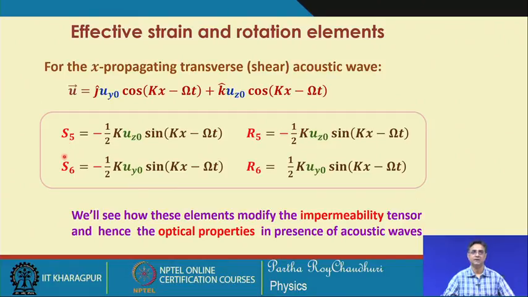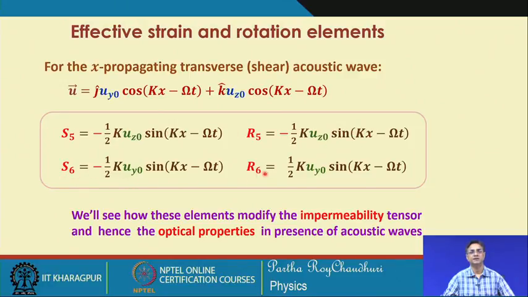Then we will consider the propagation of a shear wave. Of course, before that we will also consider a longitudinal wave propagating along the y direction for a given material, and depending on the properties of that material, how the refractive indices change, because this might be useful in configuring devices for a required change in refractive indices.